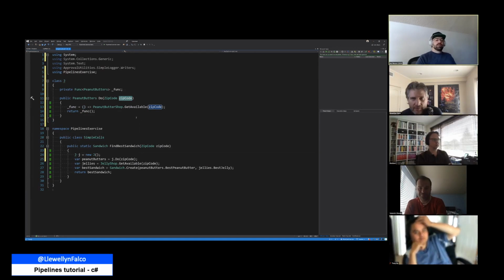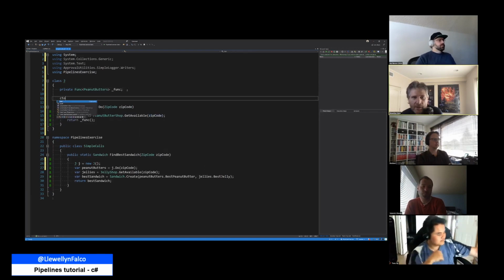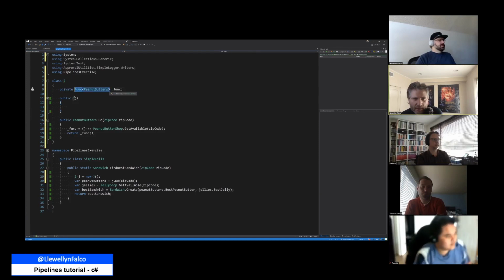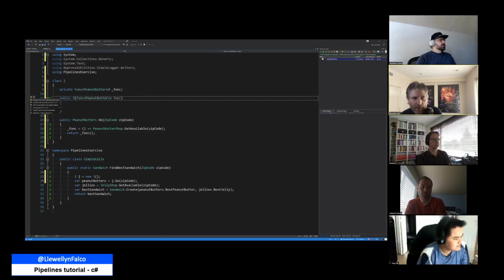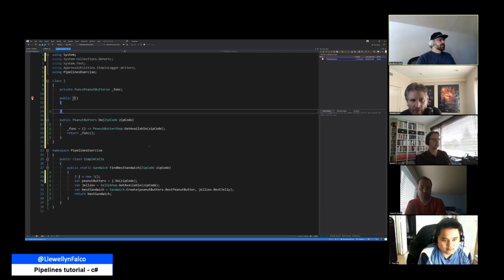Okay. So now let's do a constructor that does this. And it's going to take one of these. Write a constructor.